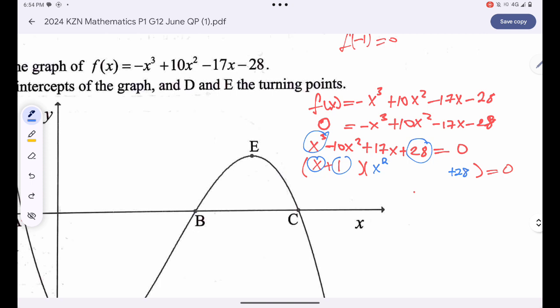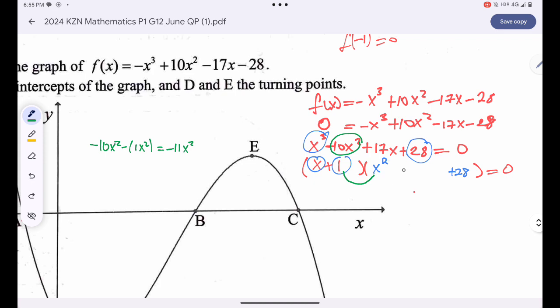For me to find the middle term, I just need to take the negative 10, subtract this product over there. You simply have negative 10x squared minus 1x squared. This will simply give us negative 11x squared.